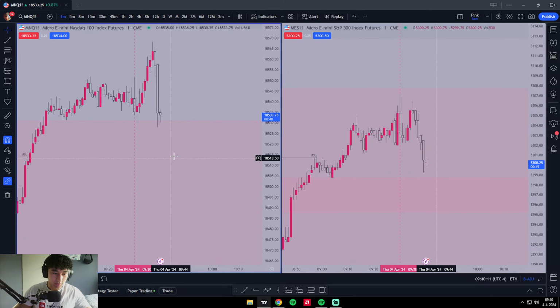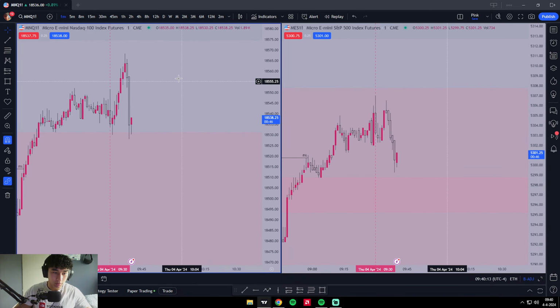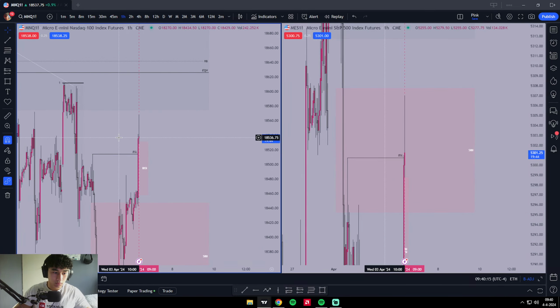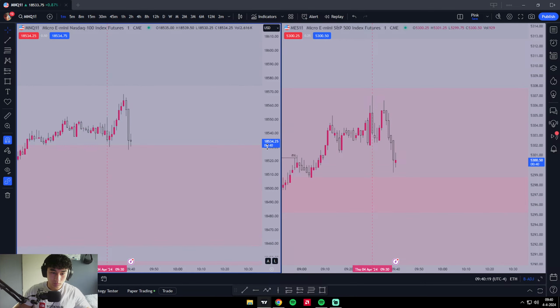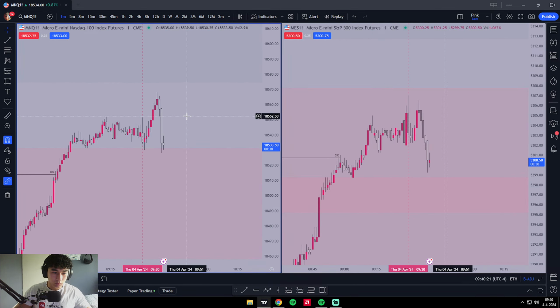So I do want to see this get a bit more balanced. So the XY is actually close to the target.